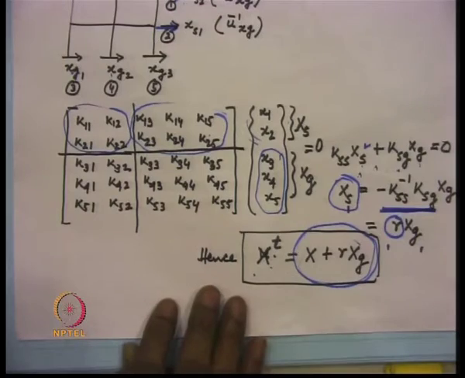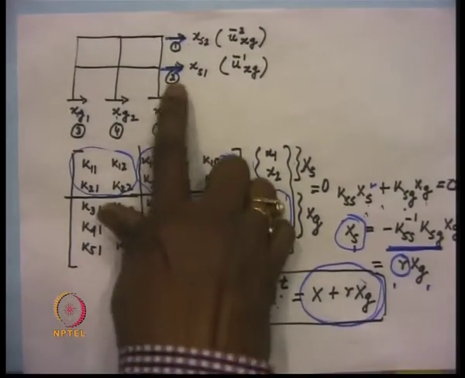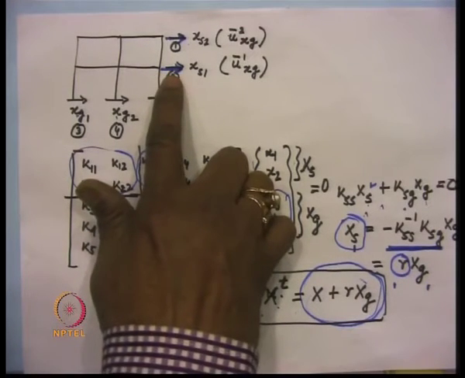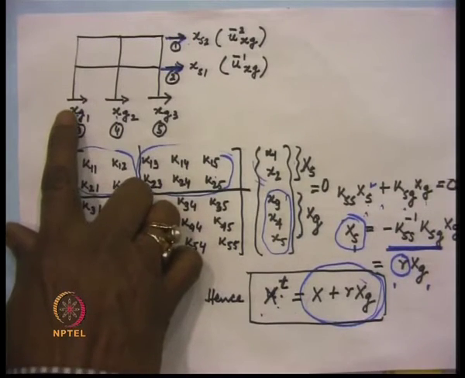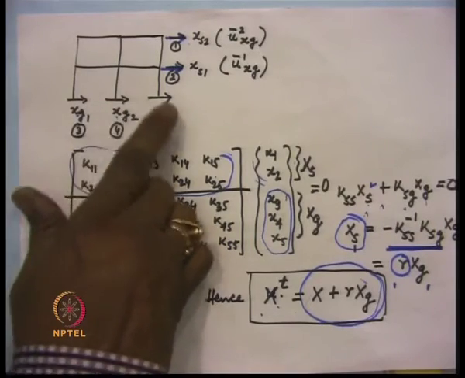Now let us see how we can find out the quasi-static displacements that are obtained at this point and this point due to the differential support movement at this point, this point, this point.